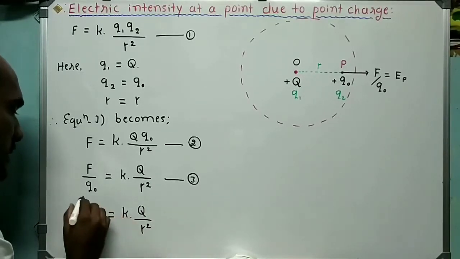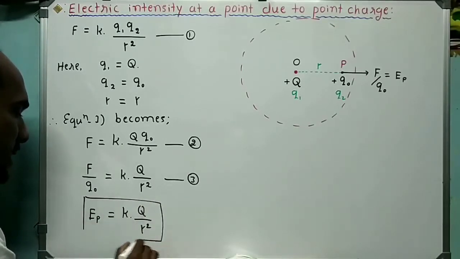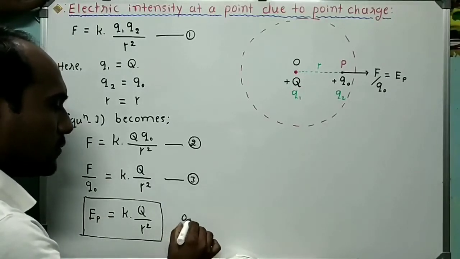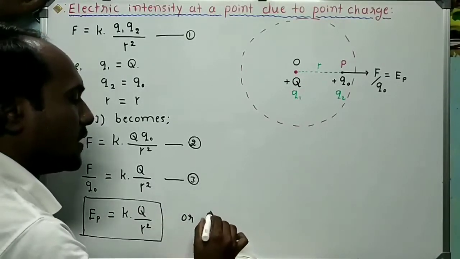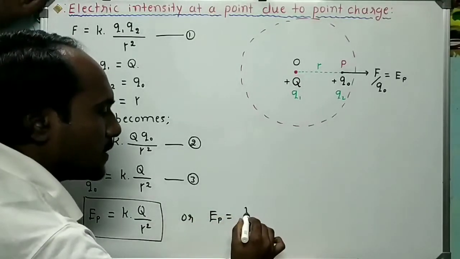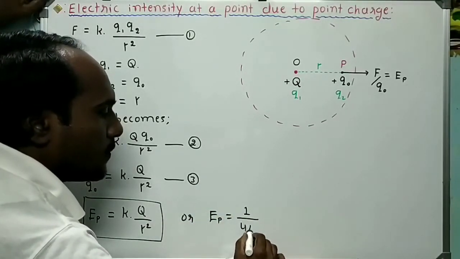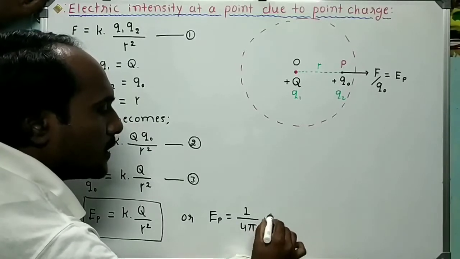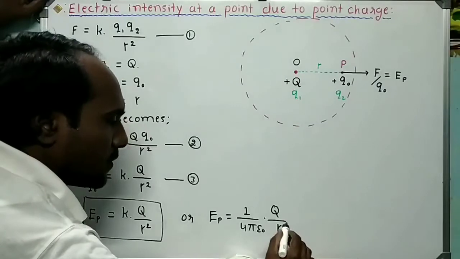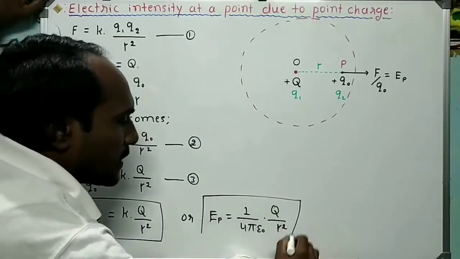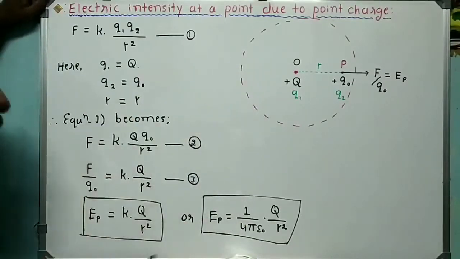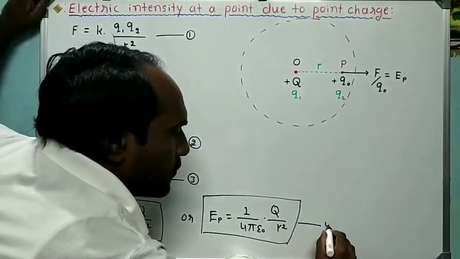This is the electric intensity at point P due to a point charge capital Q. And also we can write this equation as electric intensity at point P is equal to, the value of K is 1 divided by 4 pi epsilon naught, into capital Q divided by R square, called equation 4.